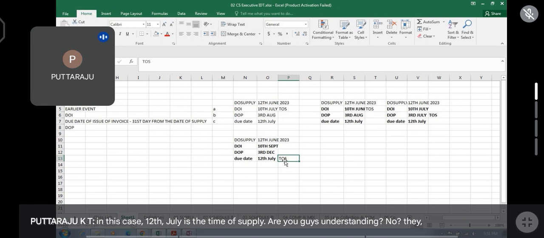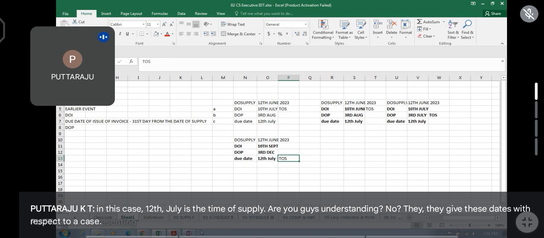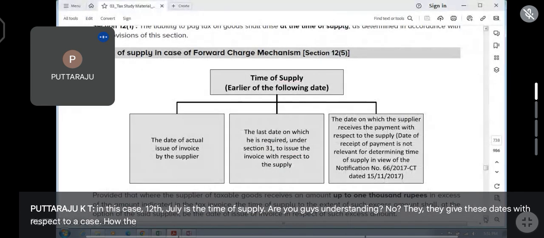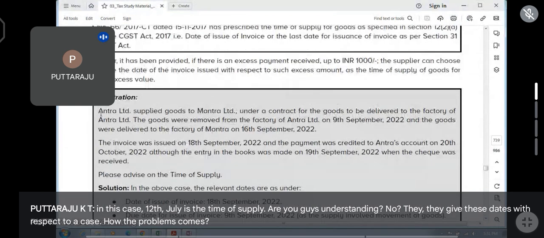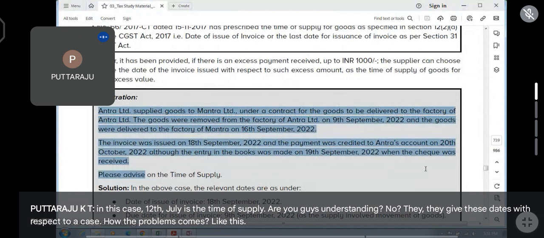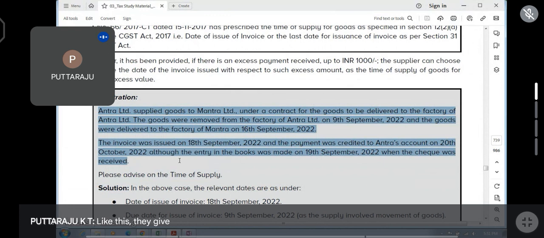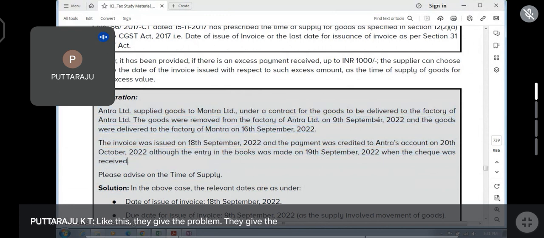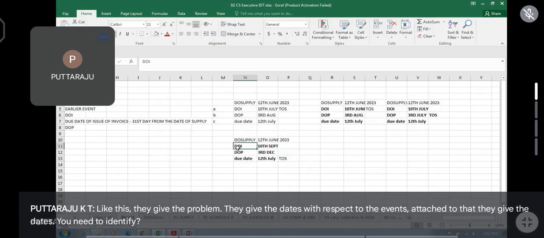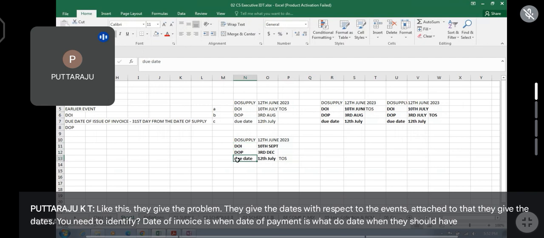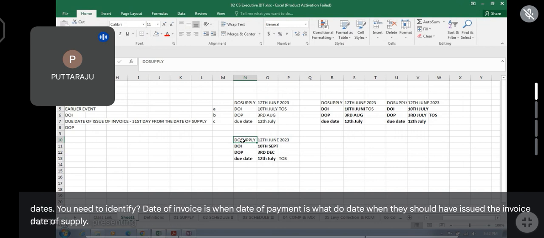They give these dates with respect to a case. That is how the problems come. Like this, they give the problem. They give the dates with respect to the events attached to that. You need to identify when the date of invoice is, what the date of payment is, the due date, when they should have issued the invoice, date of supply, all these things.